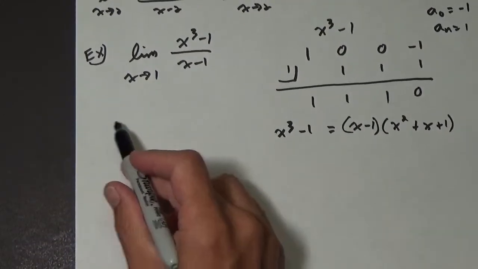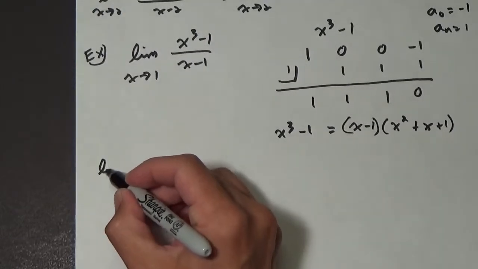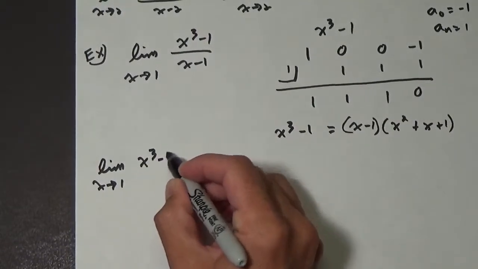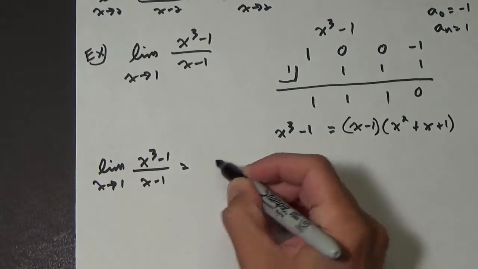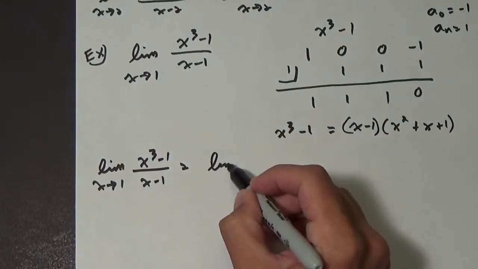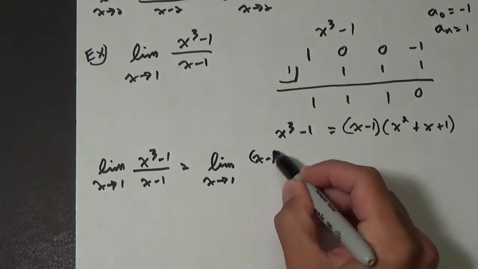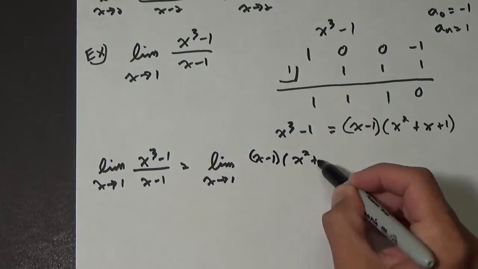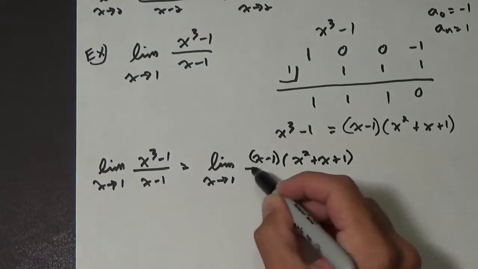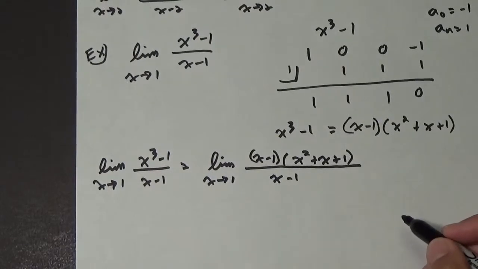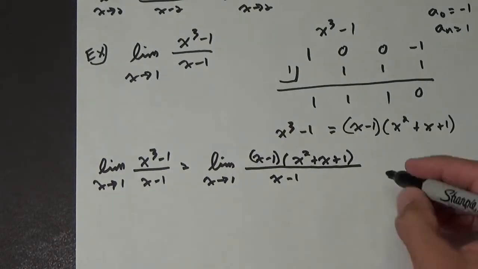Alright, so we can now write the limit as x approaches 1 of x cubed minus 1 over x minus 1 to be the limit as x approaches 1 of x minus 1 times x squared plus x plus 1 all over x minus 1. Right?